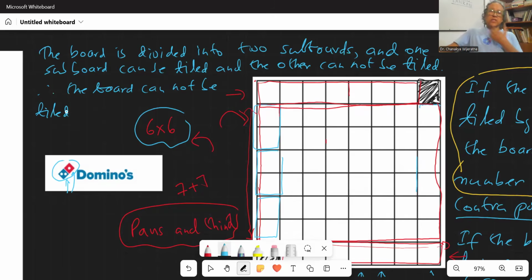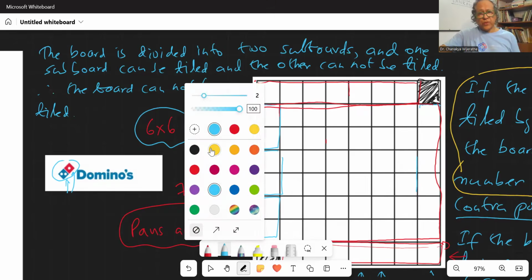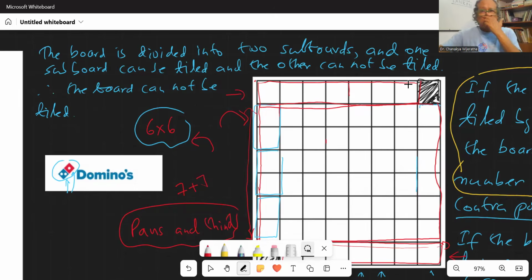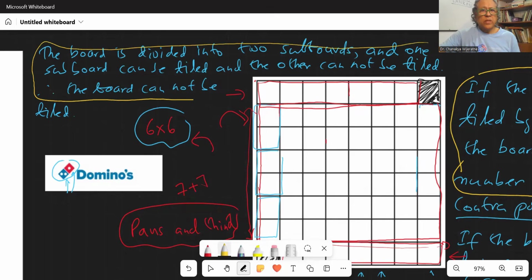So that's our conjecture or claim, right? So is it true? If that is true, then we can say that this board with the bottom left and top right removed cannot be tiled, right?